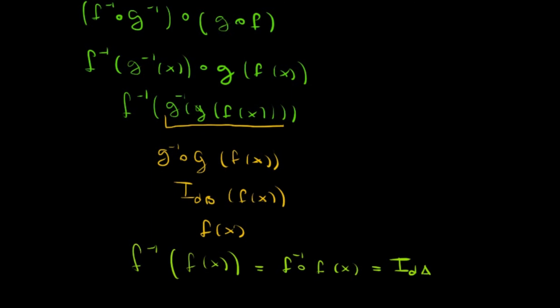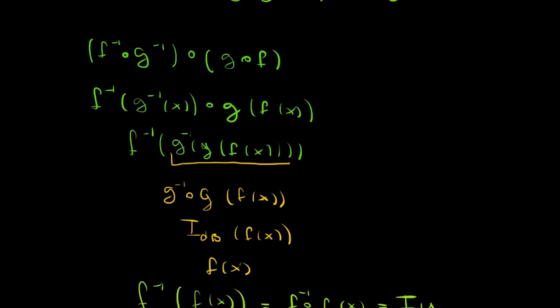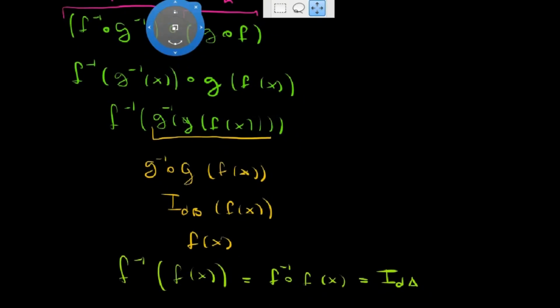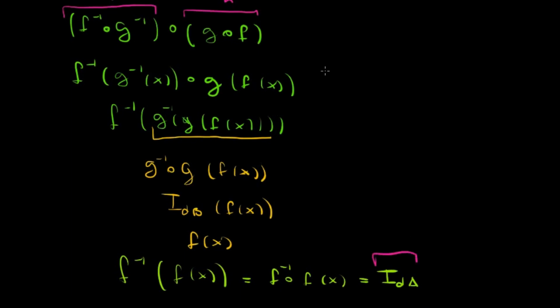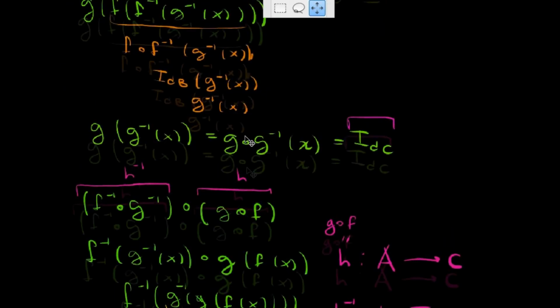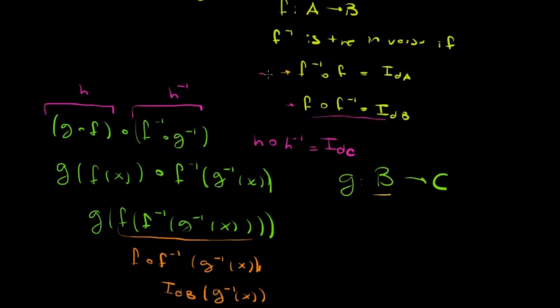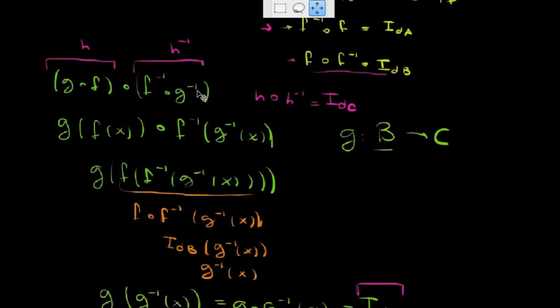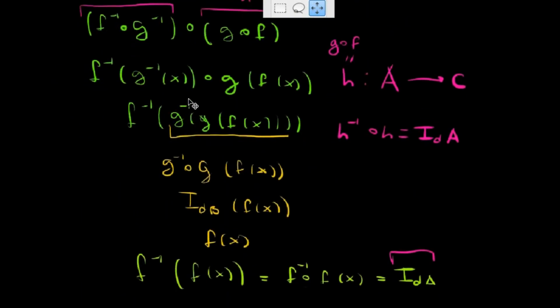Oh, okay, then again I started with this, that I can call H inverse composed with H, and what I got was the identity in A. So H, which is G composed with F, was a function from A to C, and I got H inverse composed with H equals the identity in A. So we were able to prove this one, and that's what ends the proof for our inverse of the composition.